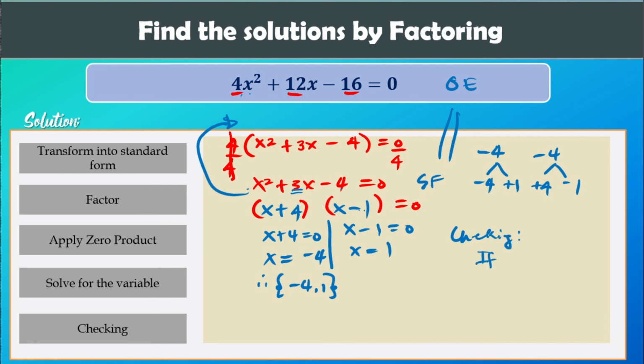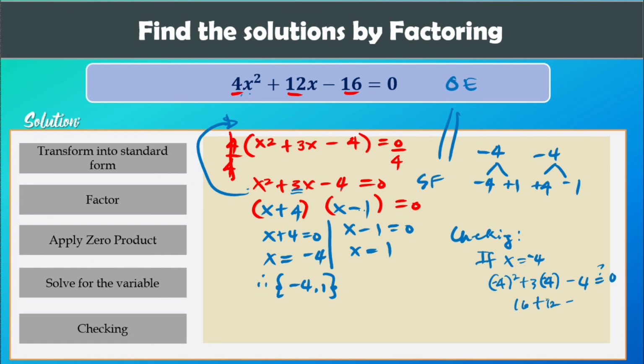If x equals negative 4, so magiging negative 4 squared plus 3 times negative 4 minus 4, is it equal to 0? Negative 4 squared is 16 plus, by the way, negative 4 pala to. Sorry class, negative 4 pala yan.